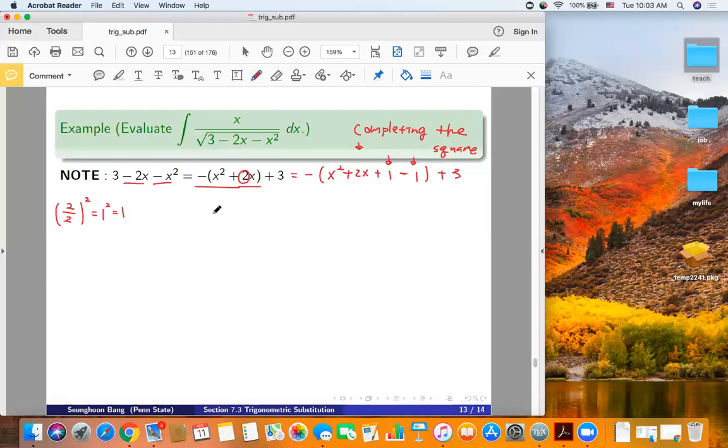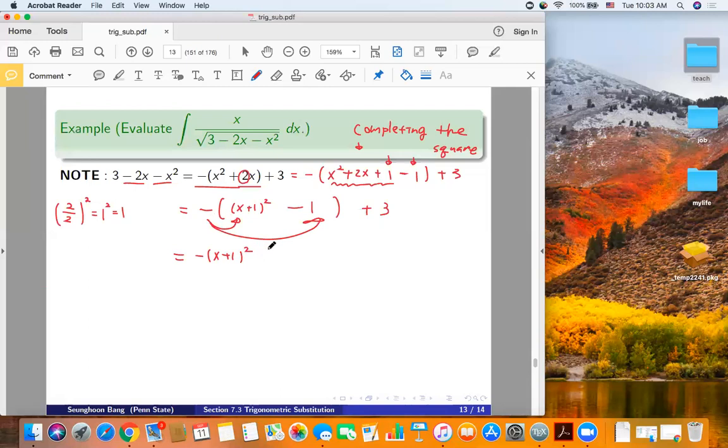So like this, this is the same as negative. You have to keep the whole parentheses. The first 3 terms, x squared plus 2x plus 1, you can change to x plus 1 squared, and negative 1 plus 3. Next, distribute. Minus 1 times negative x plus 1 squared.